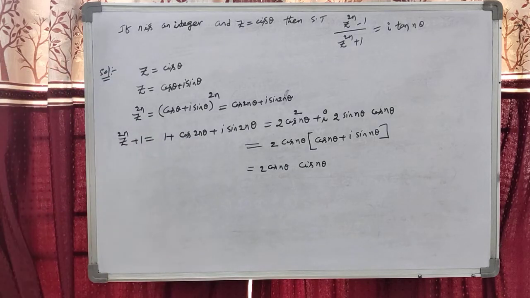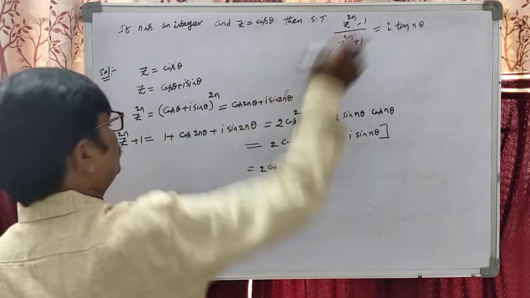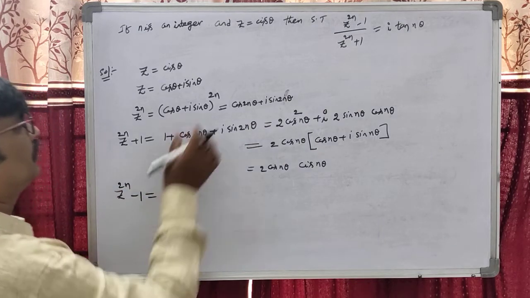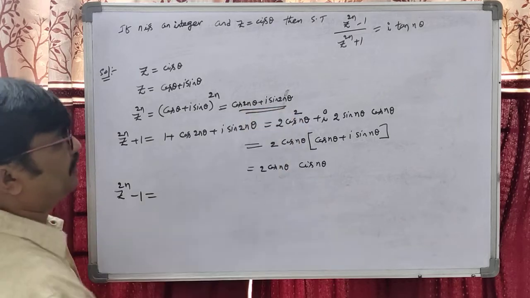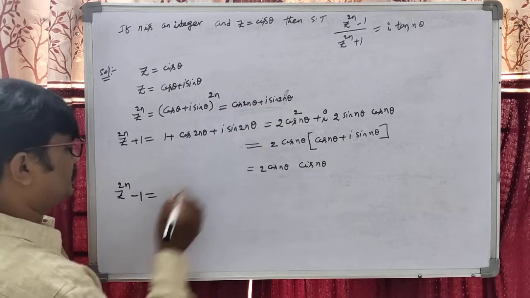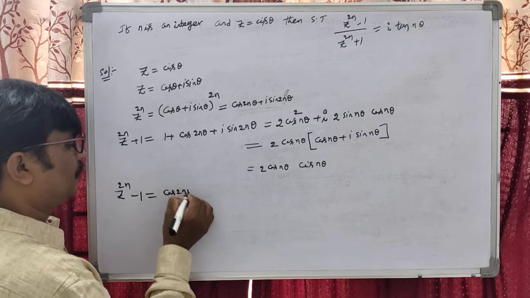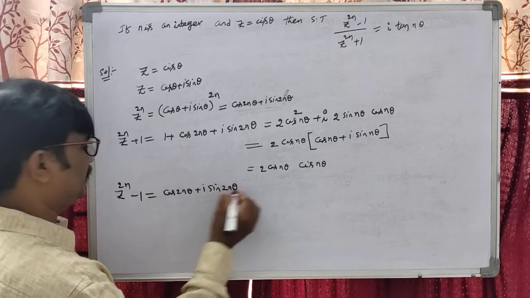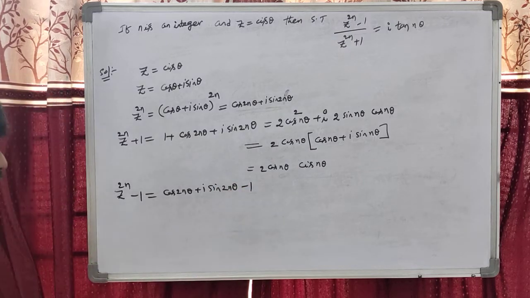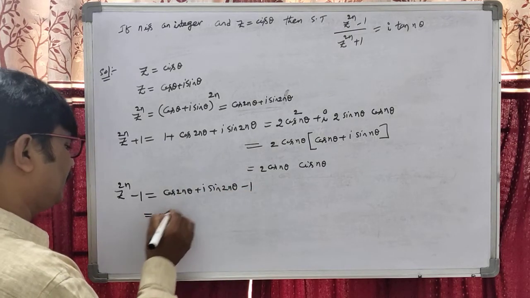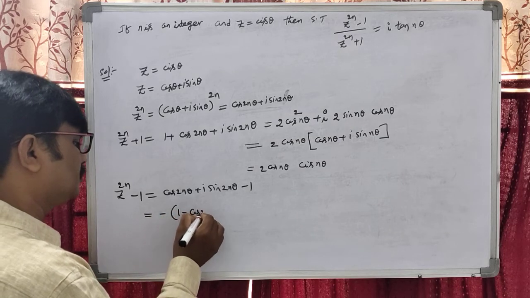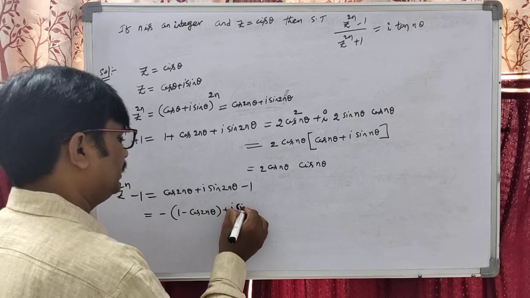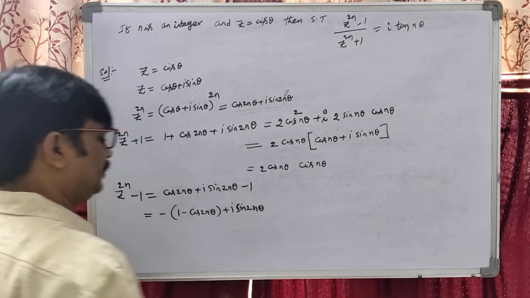After that, students, we are taking minus 1 on both sides. z power 2n minus 1 is there. So how to write it, students? We are taking minus 1: cos of 2n theta plus i sin 2n theta, minus 1. Now student, the minus is common in the first and last terms: minus (1 minus cos of 2n theta) plus i sin 2n theta.